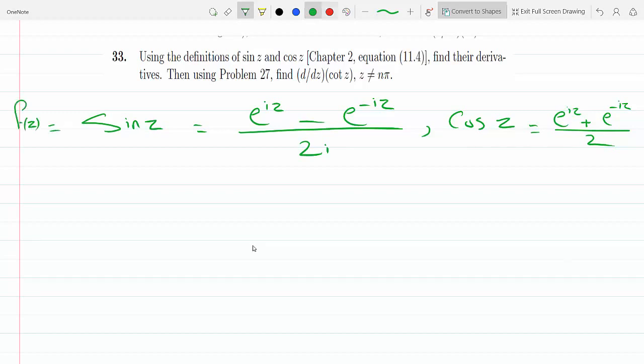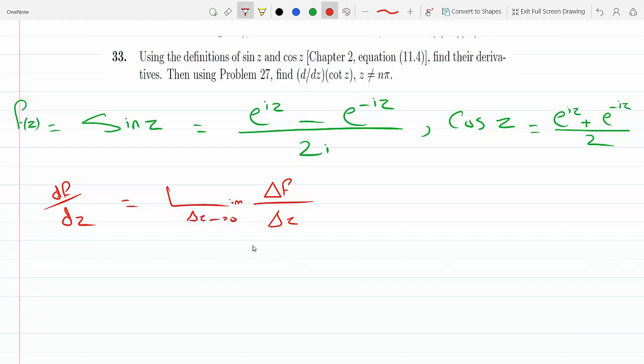Now, what's the definition of the derivative? So df over dz is the limit of delta f over delta z as delta z goes to 0.